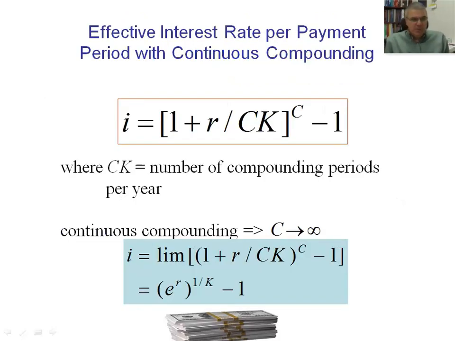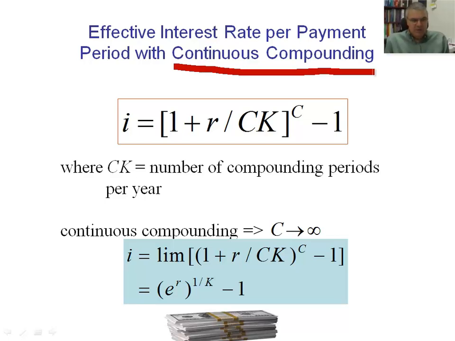So I'm going to introduce to you a new concept here, and that is continuous compounding. I underline it here with red. So far we introduced you to compounding per period.